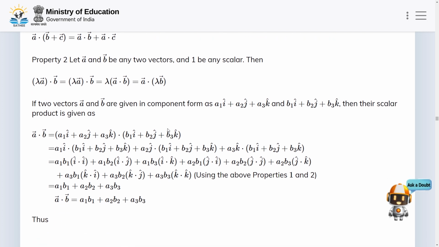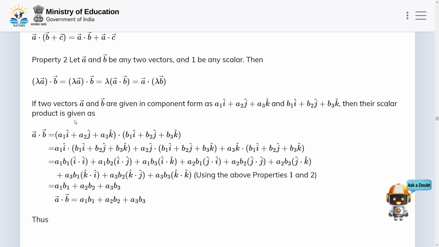Clear? Now what we are trying to show, when you have two vectors A, B, and their component form is given to you, this is A1 i hat plus A2 j hat plus A3 k hat, B1 i hat plus B2 j hat plus B3 k hat.